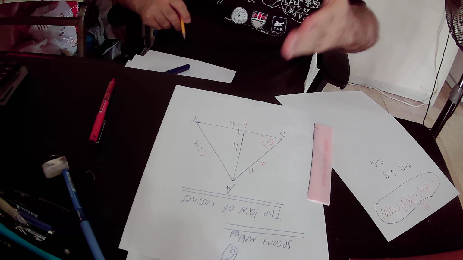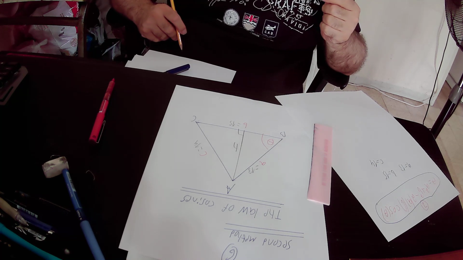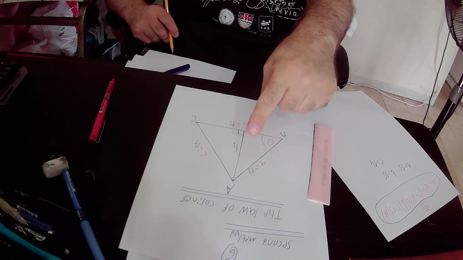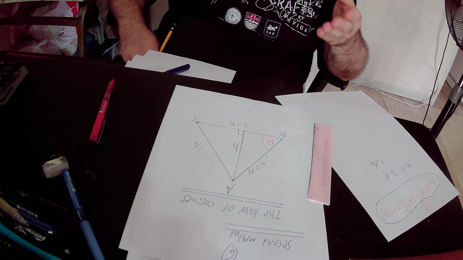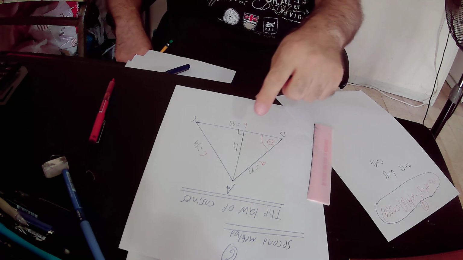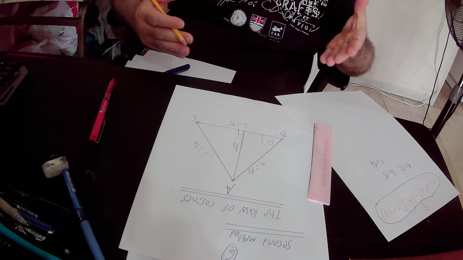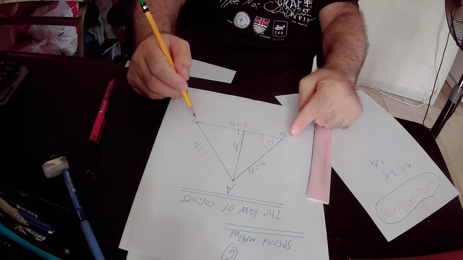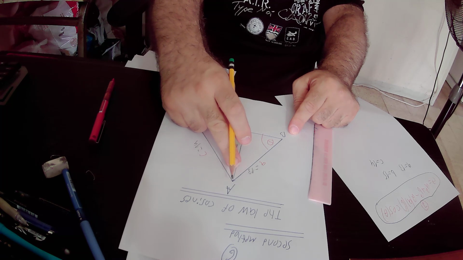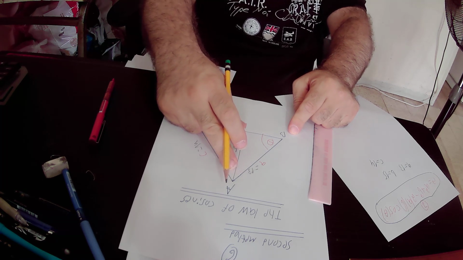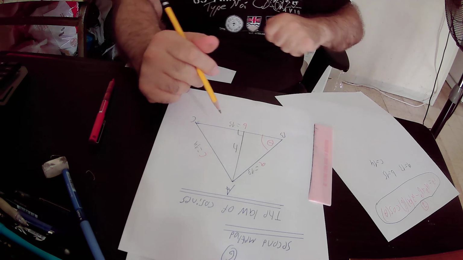So sine theta will be equal to H over A, and the only missing variable here will be H. In this way we will find the height of triangle ABC, and the area of triangle ABC will be the base of the triangle, which is B, known, equal to 15 units, times the height that we have found, over 2.